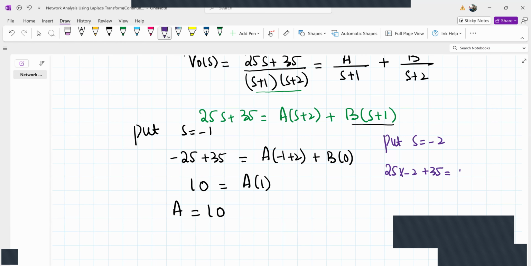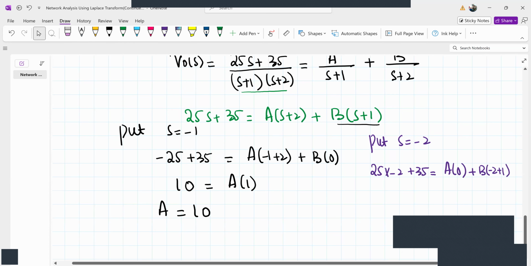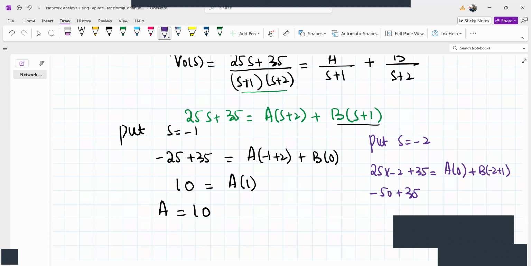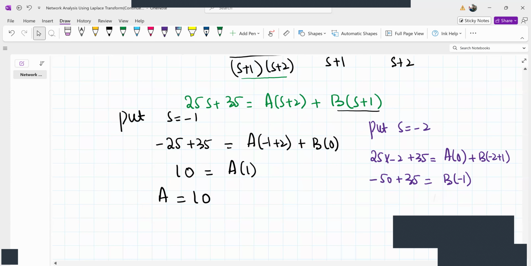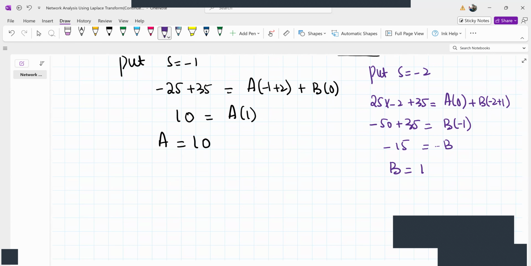That's equal to A into 0, because S is -2 and -2 plus 2 is 0, plus B into -2 plus 1. So we'll get -50 plus 35, that's equal to B into -1, since -2 plus 1 is -1. So this is -15 is equal to -B. So B is simply 15.